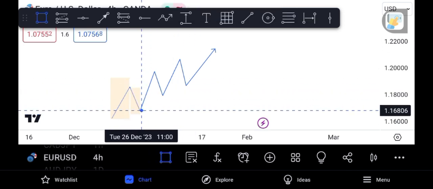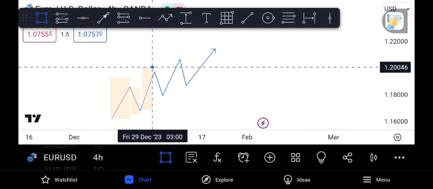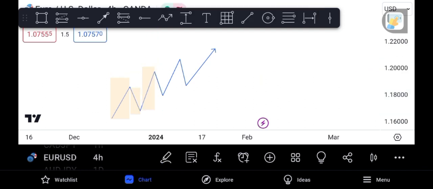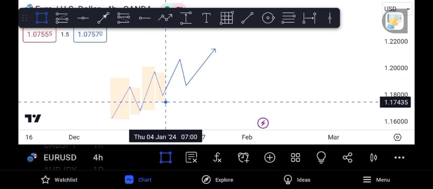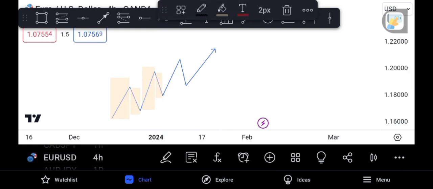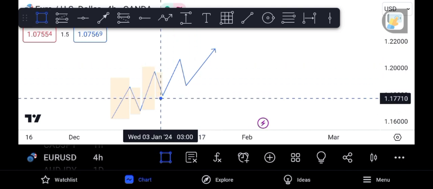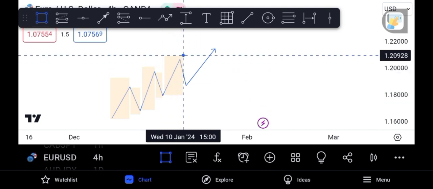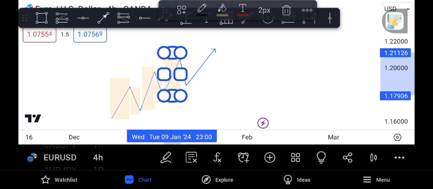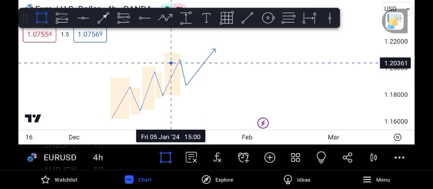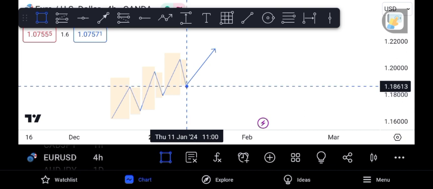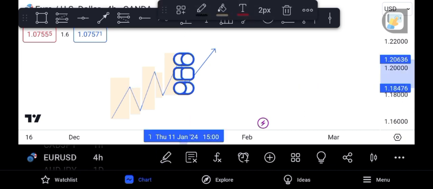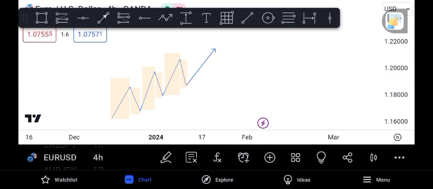Another impulse move to the upside, then a correctional move to the downside. Another impulse move to the upside, then a correctional move to the downside. So this is the first characteristic that tells us this market is in an uptrend.